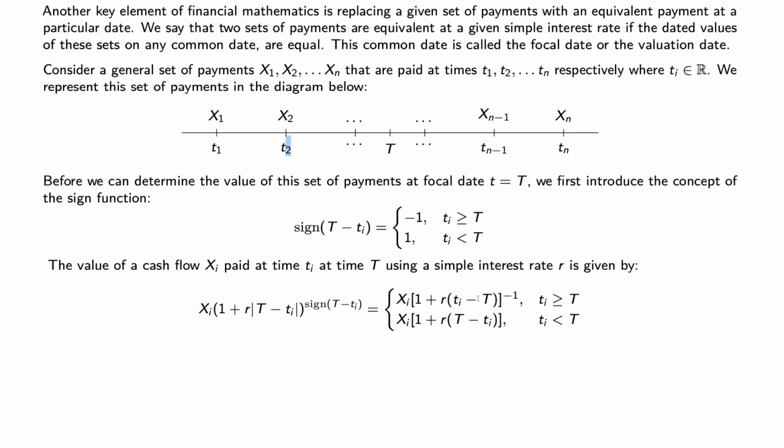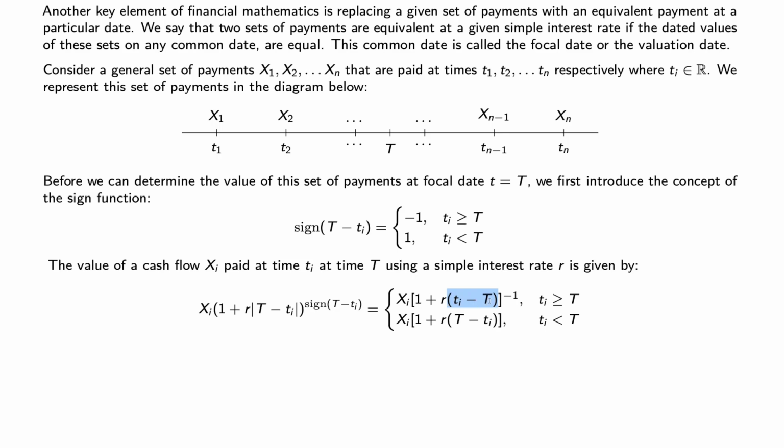And the last thing you should notice is, instead of putting absolute signs here, I've actually changed it to just expressions in brackets. So for the case where ti is greater than or equal to t, the absolute value of t minus ti is actually the negative of what's inside the function.